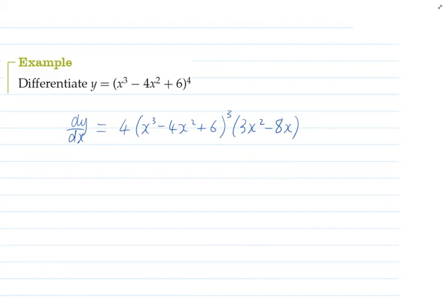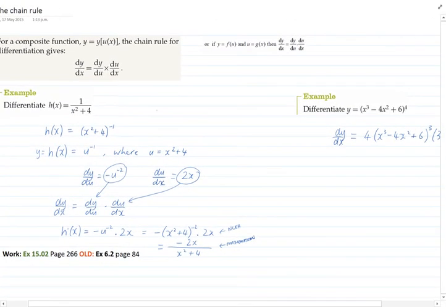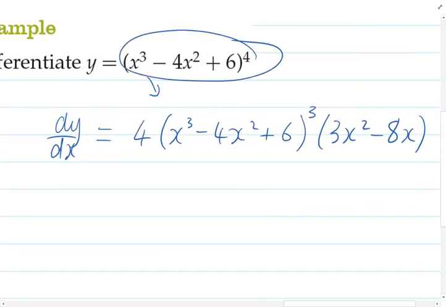So you can see here the difference between the amount of working that I've shown. This is way too much really. You can go straight from here to here because all you're doing is differentiating the bracket first and then differentiating what's inside the bracket and multiplying them together. You can kind of think of this a little bit like your differentiation BEDMAS.